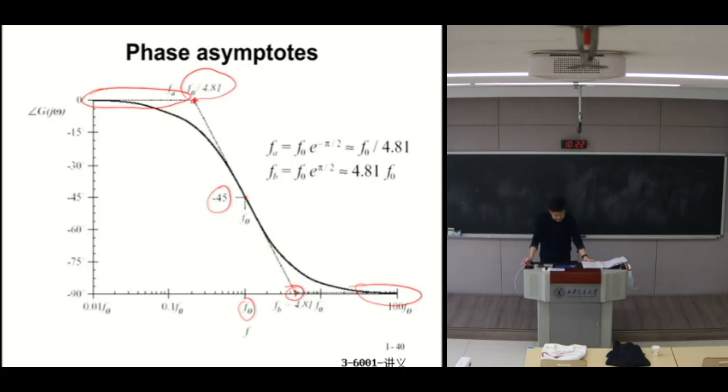This is good in that it uses the tangent line at the point of F0. So therefore, the approximation line has almost no error around the F0 area.